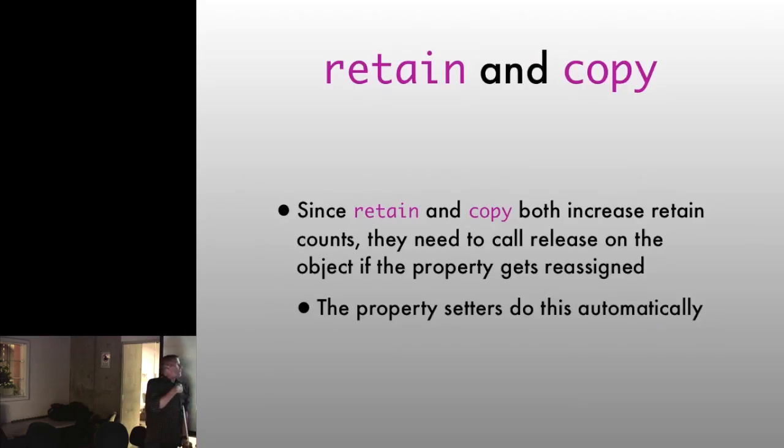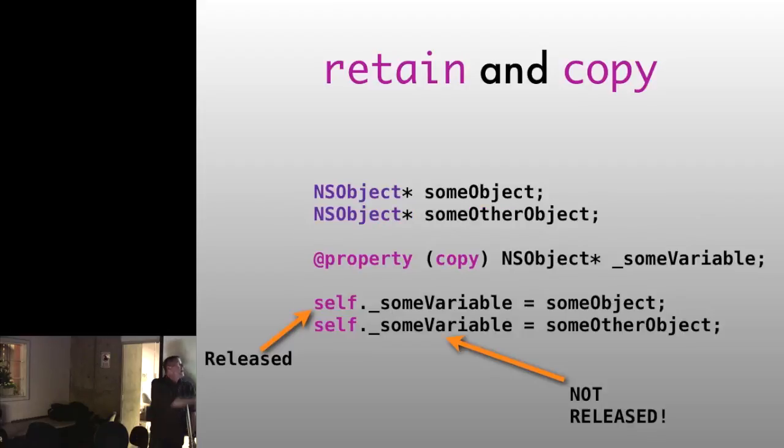So since retain and copy both increase the counts, this is what I was just saying: you need to call release on the object if it gets reassigned. So actually, let me show you an example of that, which should make this clear. We have two objects here that we're creating, some object and some other object.